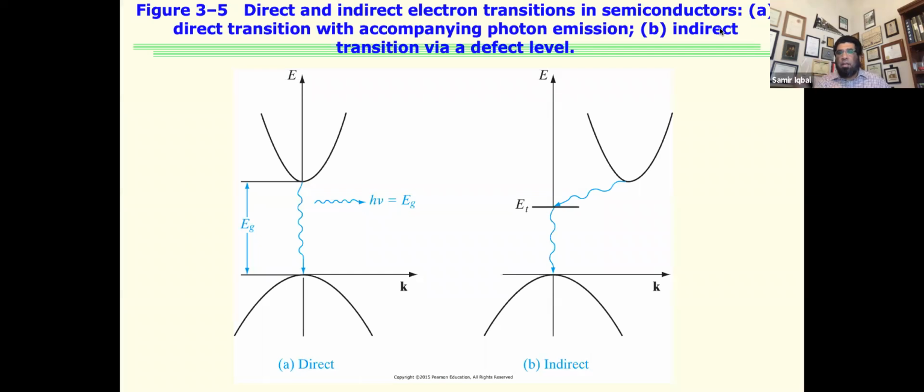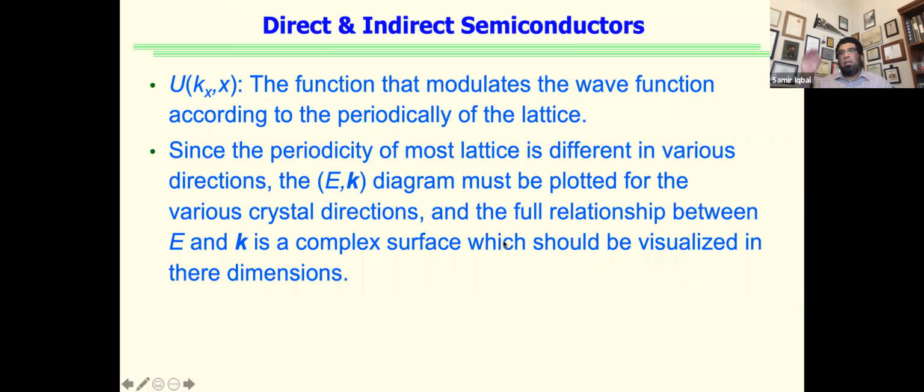And it comes from this idea of the 3D lattice structure, where the movement of an electron from one corner or in one direction versus another direction will have different energy change. And that explains why the periodicity of most lattices is different in various directions.